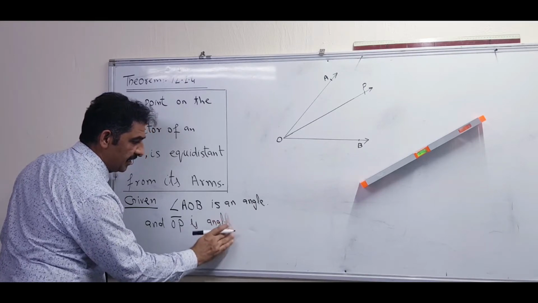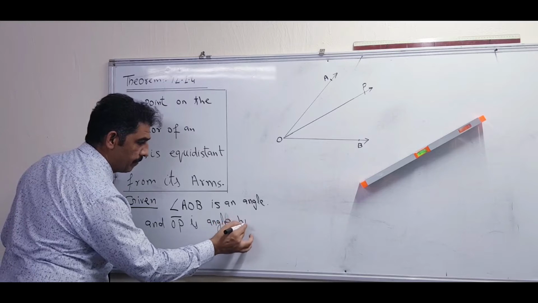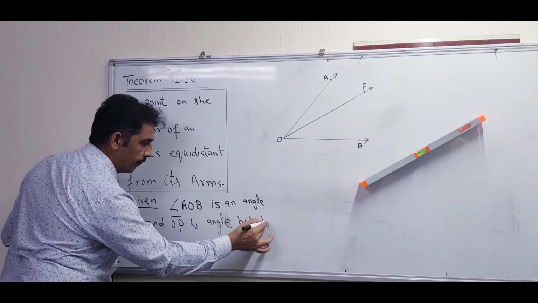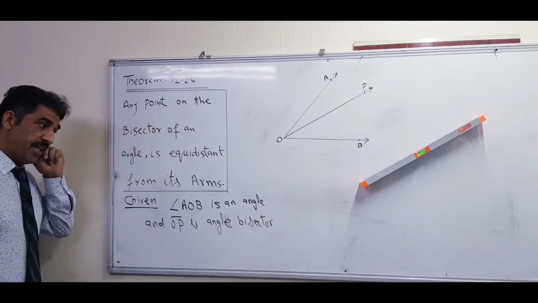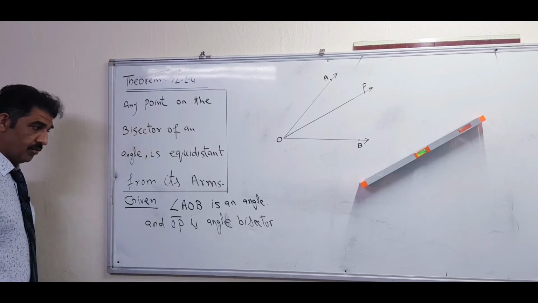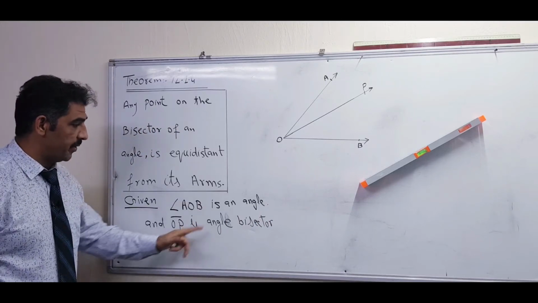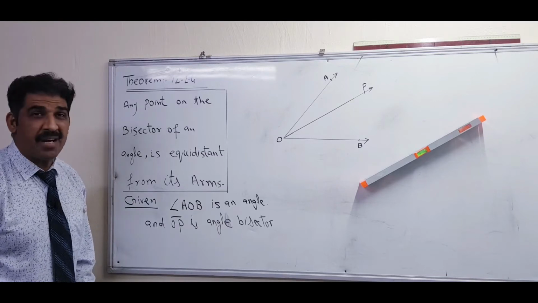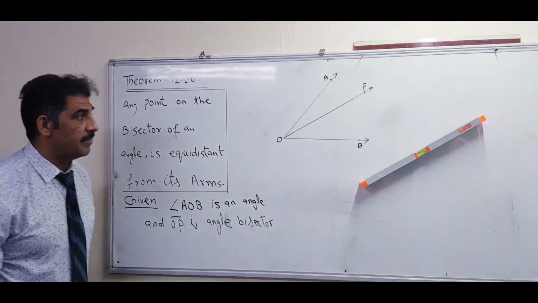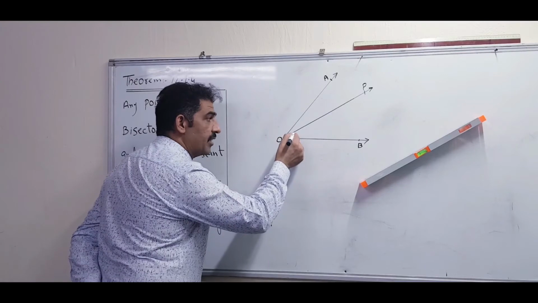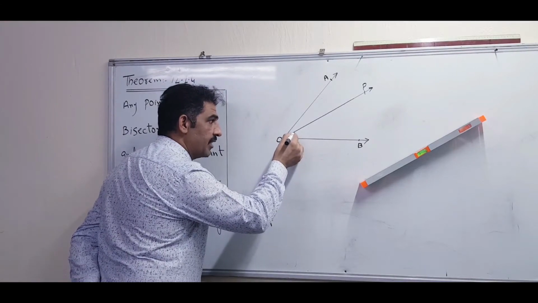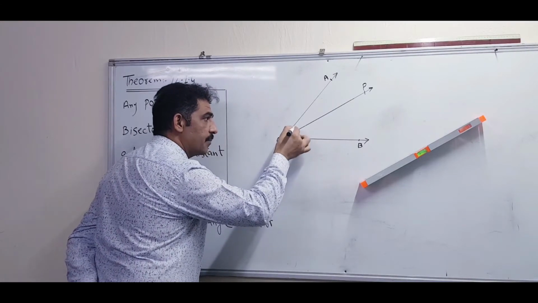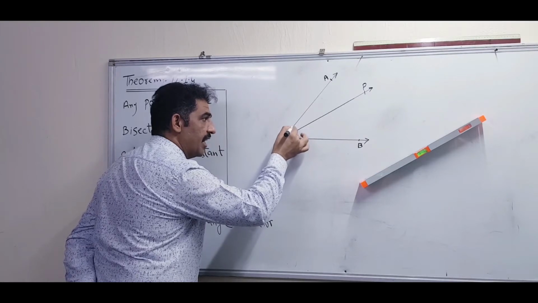If it bisects the angle, it means this part and this part are both equal.